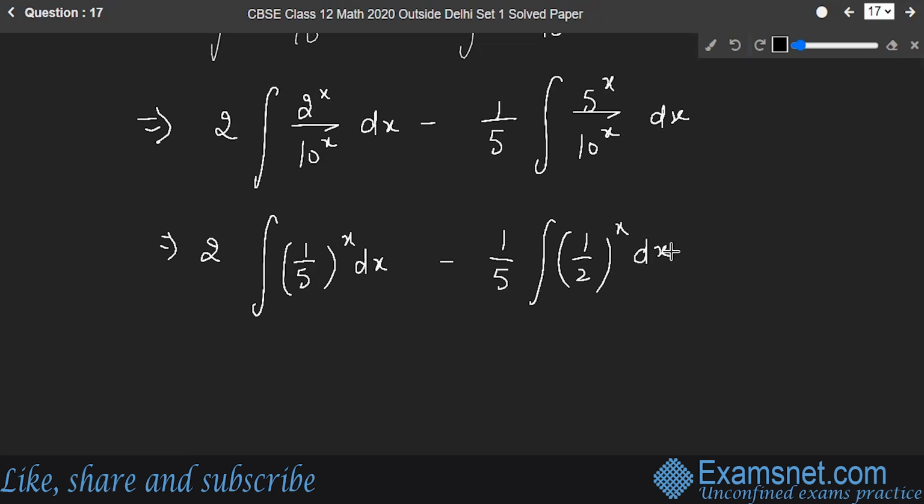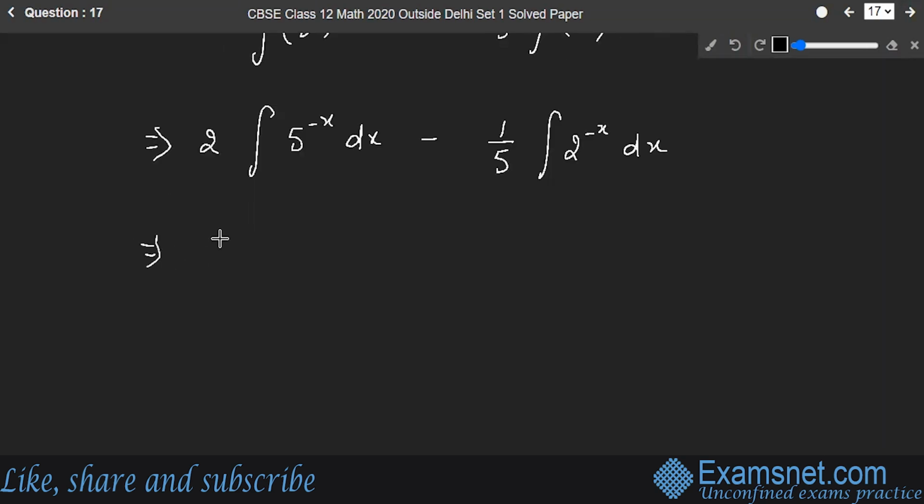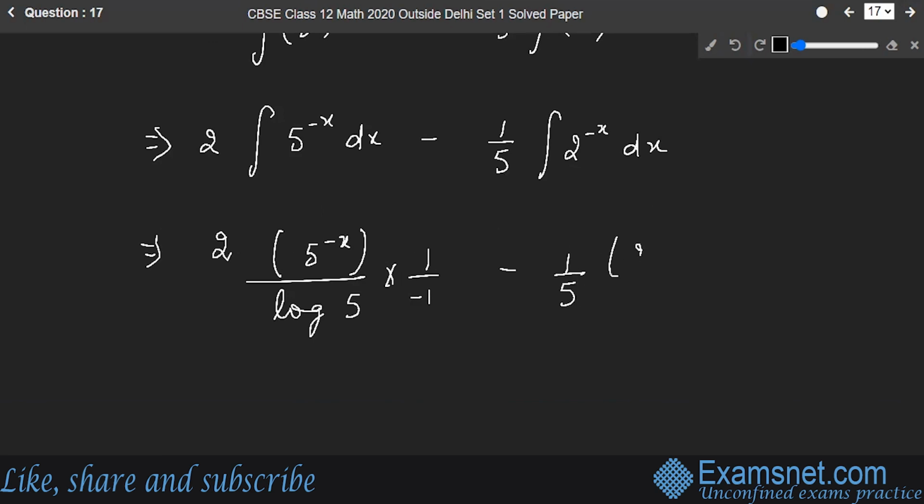Okay. So this becomes 2 times the integral of 5^(-x) dx minus 1 by 5 times the integral of 2^(-x) dx. This is equal to 2 into 5^(-x) divided by log of 5 into 1 upon minus 1, minus 1 by 5 into 2^(-x) divided by log of 2 into 1 upon minus 1, plus c.